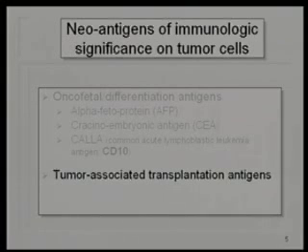Then there are tumor-associated transplantation antigens. These are characteristic of tumors. They are present on tumors, and since they are present on tumors, any immune response will lead to rejection of that tumor. That's why they are also known as tumor-specific transplantation antigens or tumor-associated transplantation antigens.